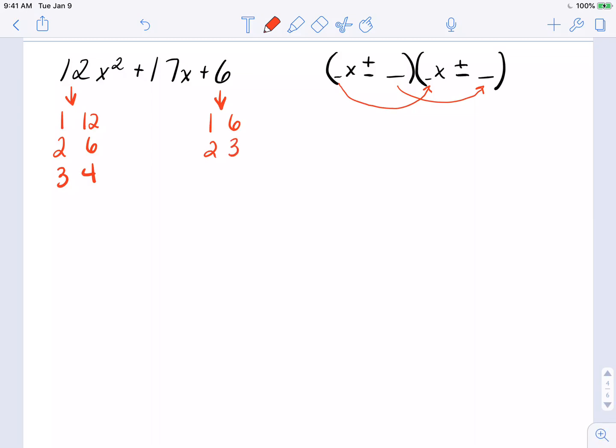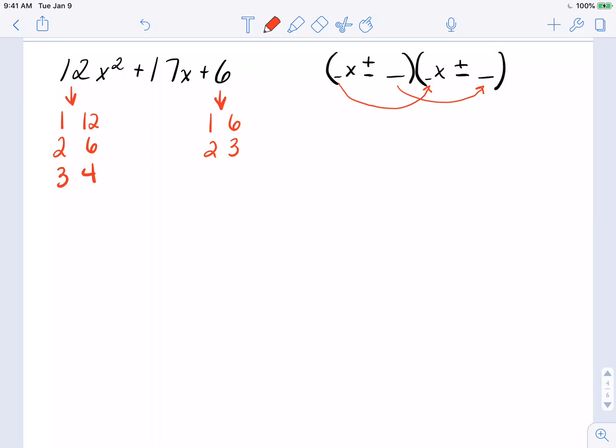All right. So we can't necessarily go with what they have in common. We need to go with multiple options. All right. It could be several combinations of these numbers.